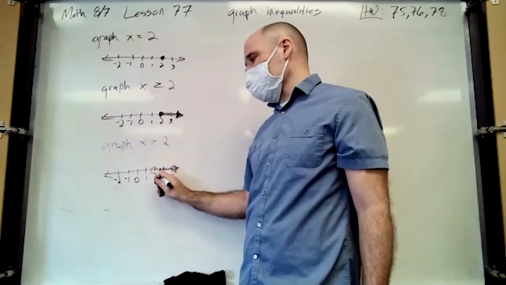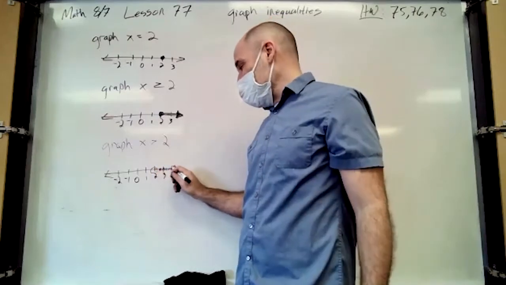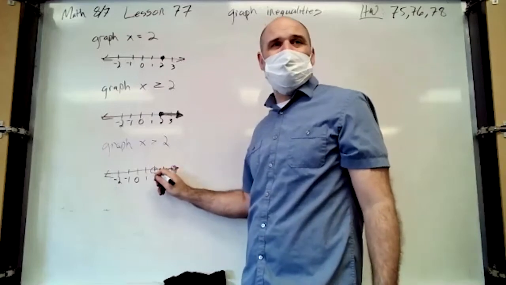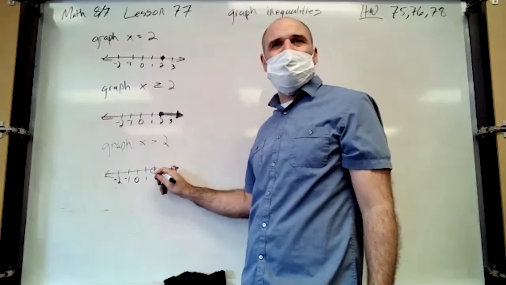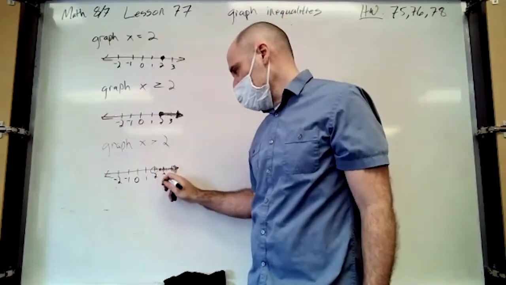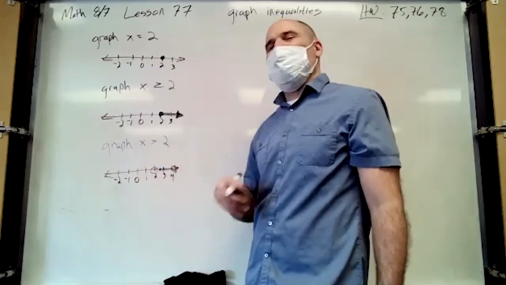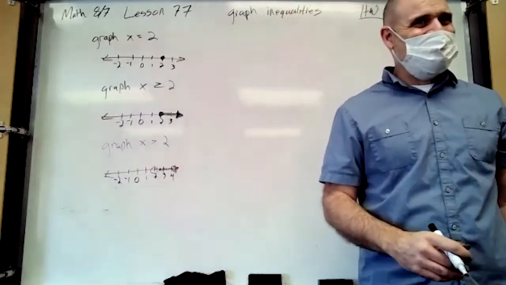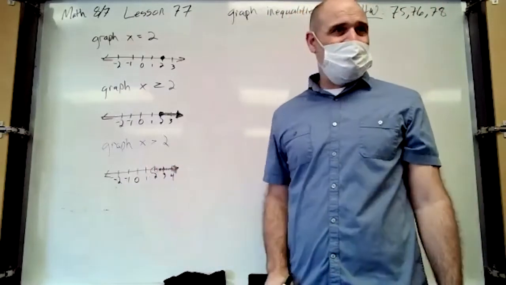But that circle tells whoever's looking at it that I want to shade all the way up to 2 without touching 2. So you're still shading 2.00000000001 or whatever, even though it looks like I'm starting at 2.5 and moving. But that's what that open circle does. That's a symbol that says everything but 2.